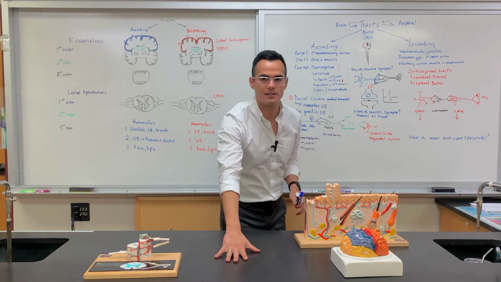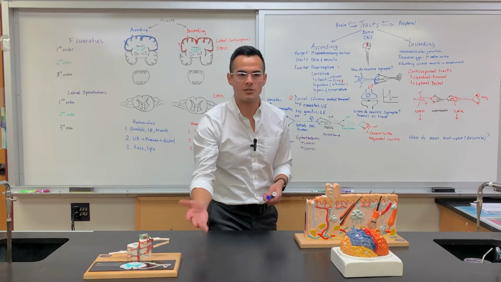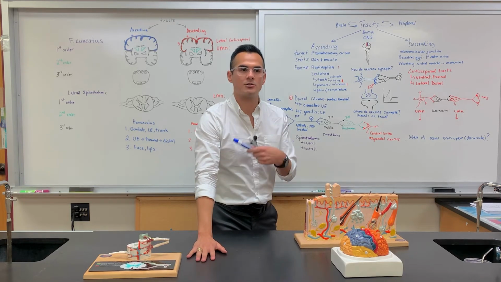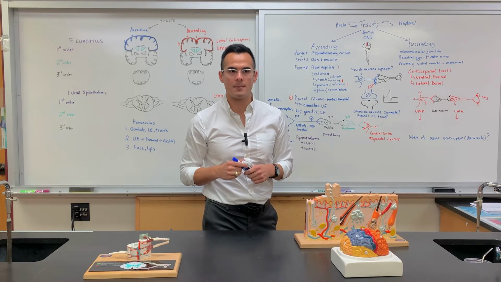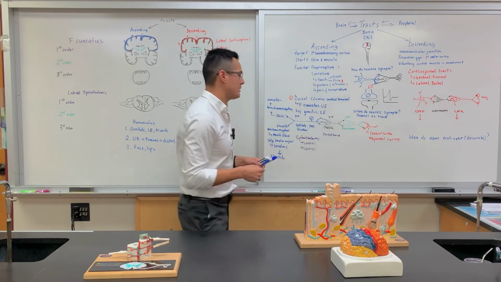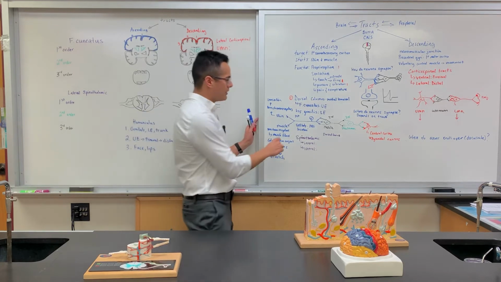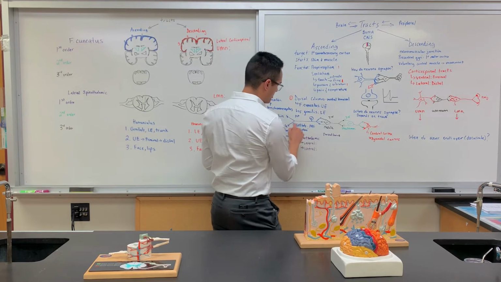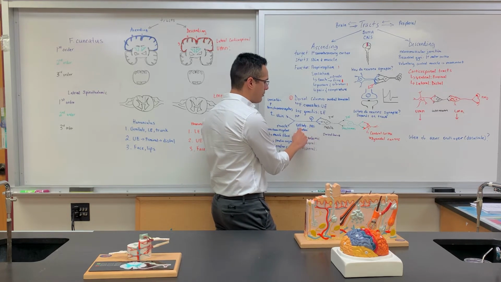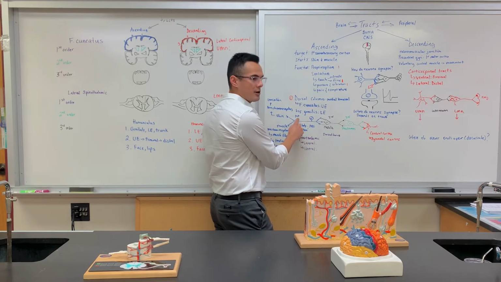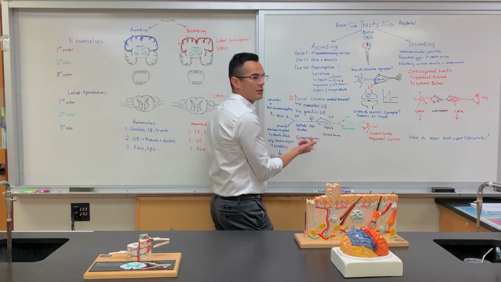So for the dorsal columns, let's say we activate the skin, like touching this. The information will travel up the nerves, depending on which region I'm touching. It'll travel up through the peripheral nerves, which is what you identified on the arm models, and then it'll eventually get to the spinal cord. The cell body location for the first order neuron is within the dorsal root ganglion, remember, because this is a unipolar neuron.